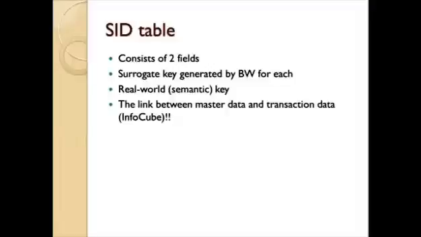That's okay. You can use whatever keys you've been using for your business. But for each record that you import into BW, BW will generate a surrogate key, a system key or surrogate key, to match with the real world key.